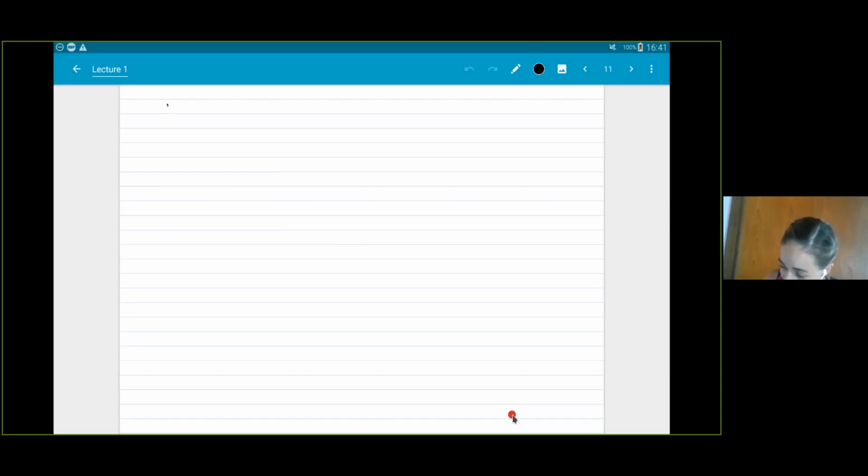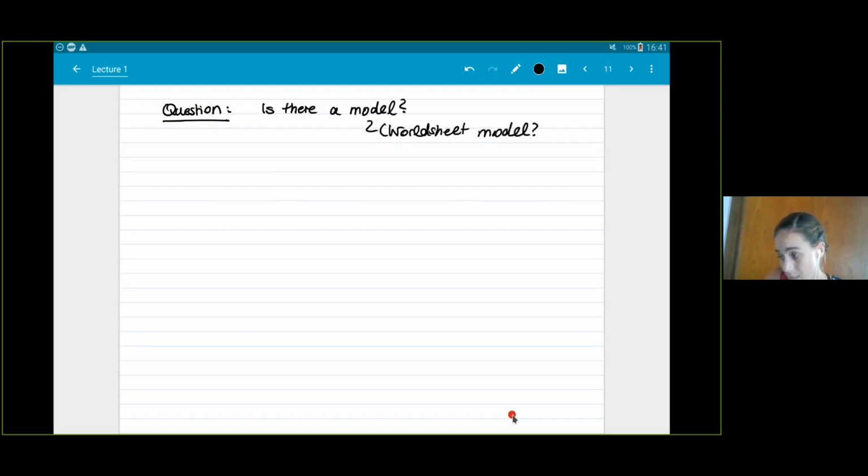So a better question is, is there something that can help us do that? And that question is really, is there a model underlying these amplitudes? By model, I mean a worldsheet model that explains why these amplitudes exist at all.